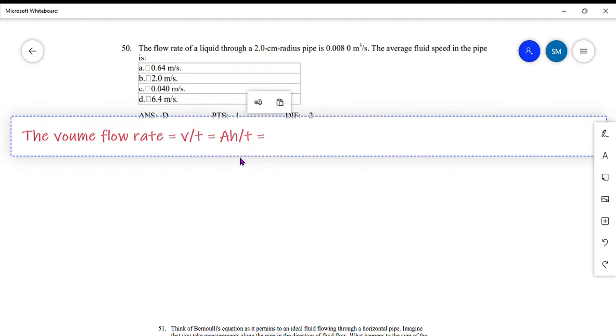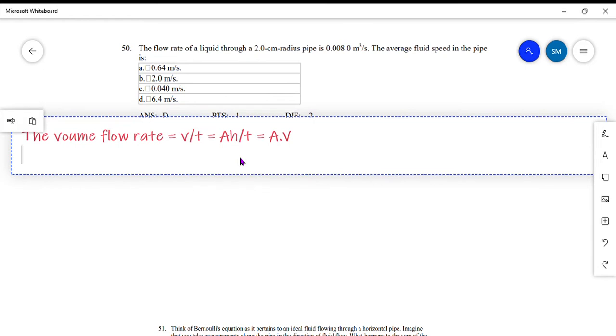The distance over the time is the velocity. So we can put the velocity instead of h over t. We have the volume flow rate.